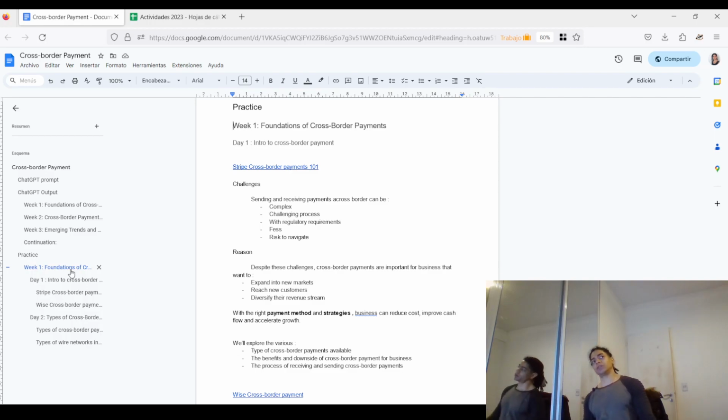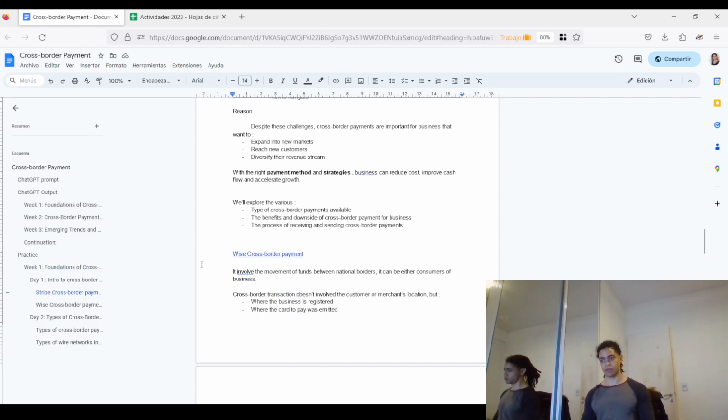So when it comes to defining cross-border payments, it is important to mention that what really matters here is where the business is located, and where the card used to pay was issued.